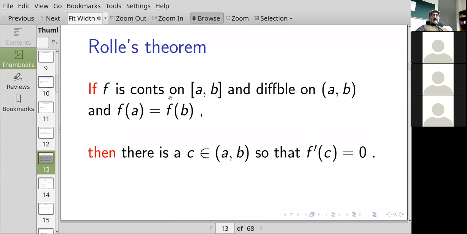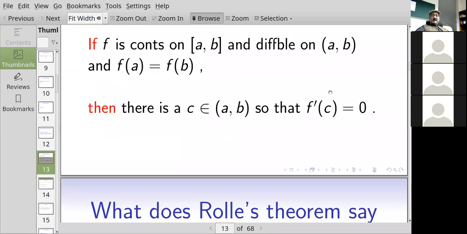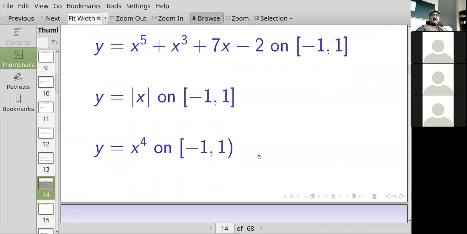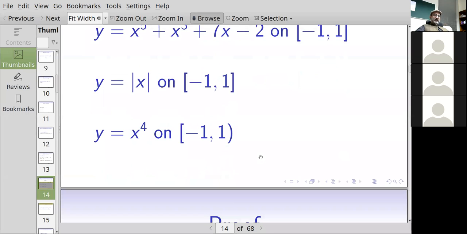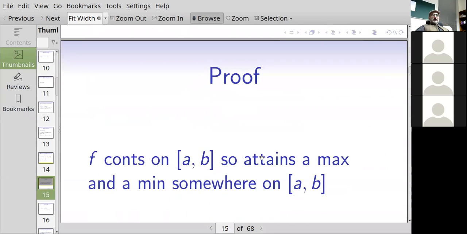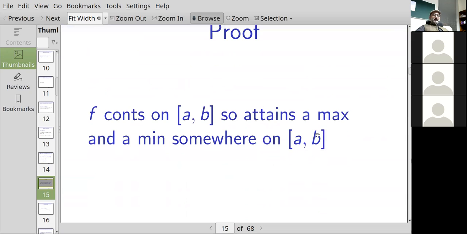It requires f to be continuous on a closed interval. You have square brackets on both ends, right? Here you've got a square bracket and a round bracket. So this is defined on a different kind of interval. So you cannot use Rolle's theorem here. Okay.